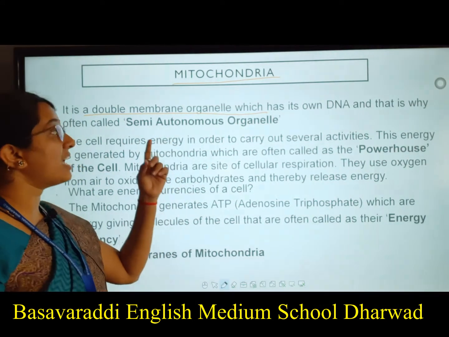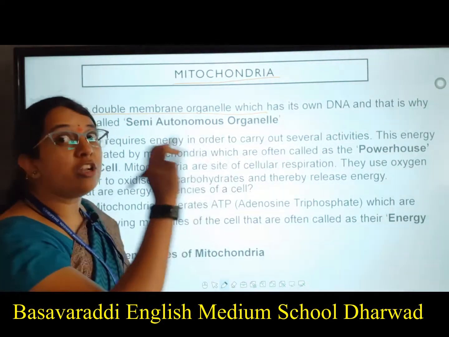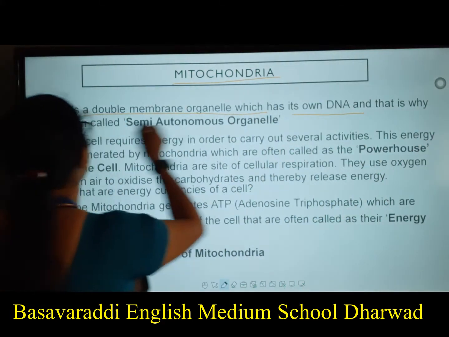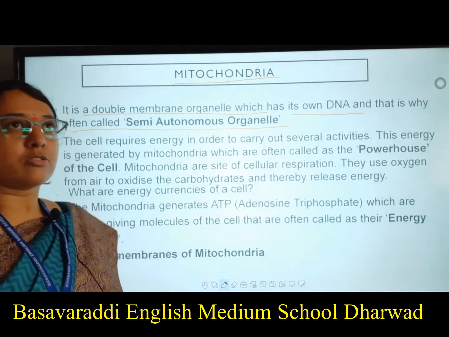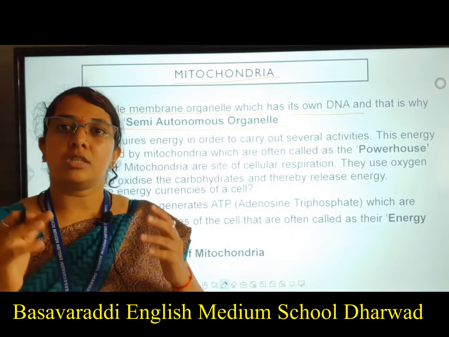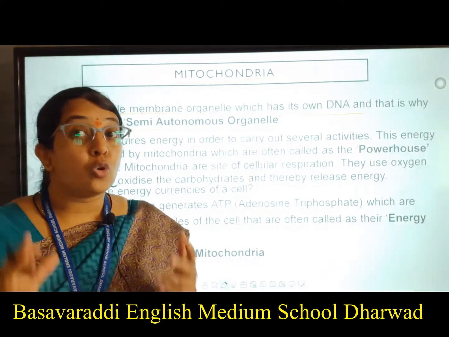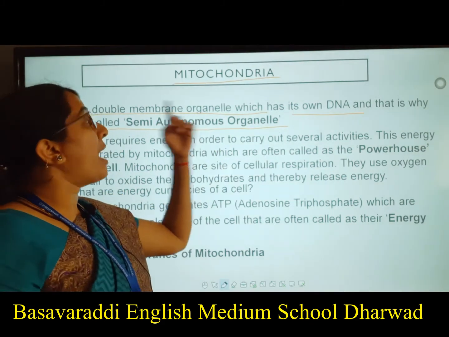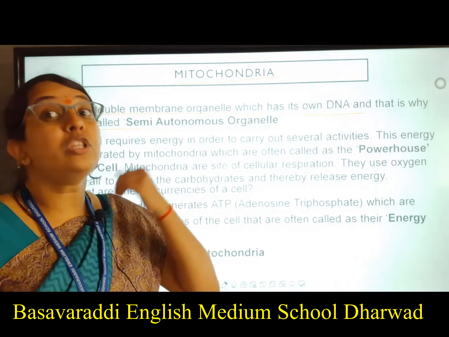Here mitochondria is a double membrane structure which has its own DNA, and that is why it is often called a semi-autonomous organelle. As we have studied, the nucleus contains the genetic material, that is DNA. No, not only the nucleus has the genetic material. Mitochondria is one such organelle which has its own DNA.